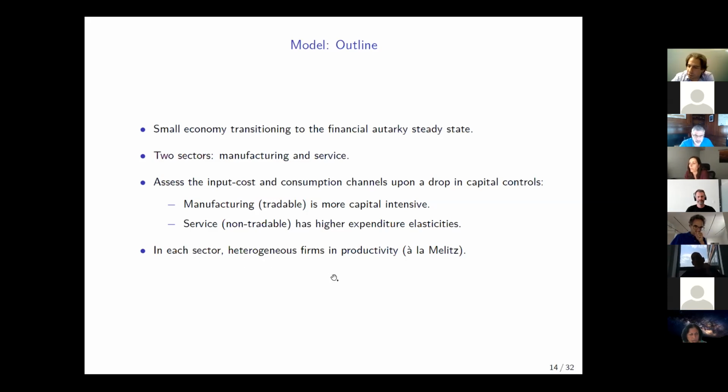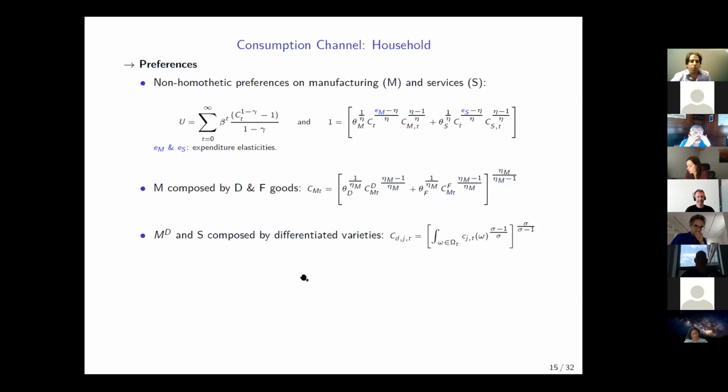Firms are going to be heterogeneous in each sector. Let's think of it as a Melitz model. Let me go back to the preferences so that you see how they look now that we include these heterogeneous firms. So basically, your intertemporal preferences look like this with the typical curvature that you would put. But then the basket, instead of being your typical CES, is implicitly defined by this function.